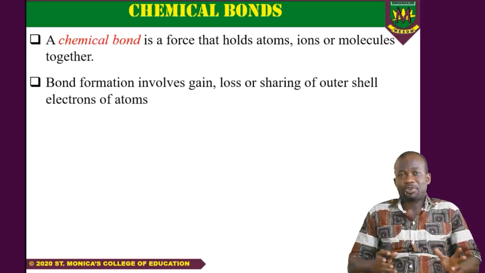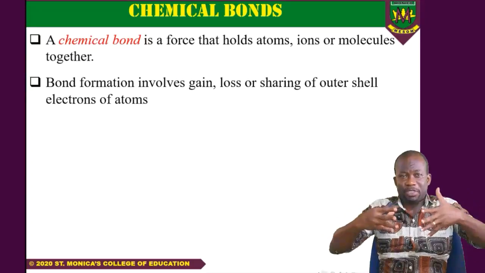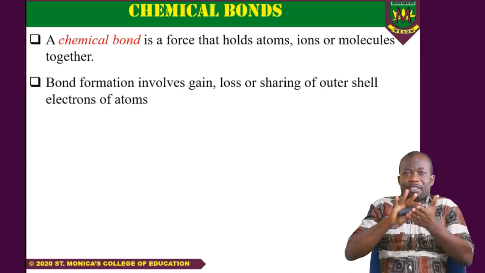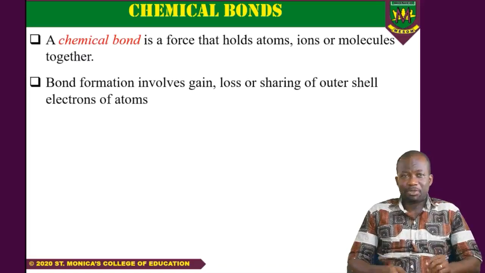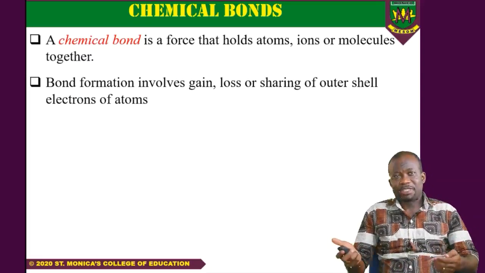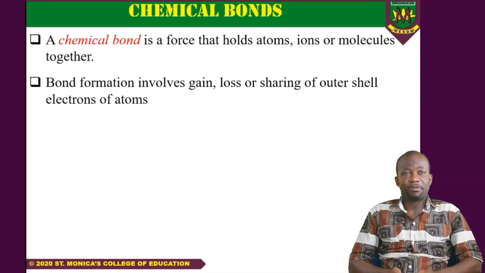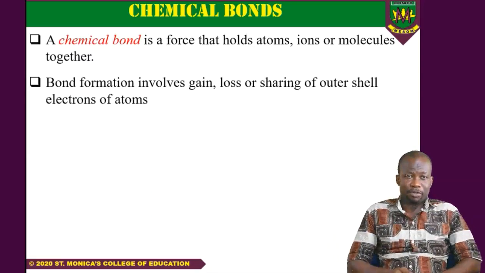And so when these atoms are going into that kind of bonding, some of them gain electrons, others lose electrons, and others share electrons.